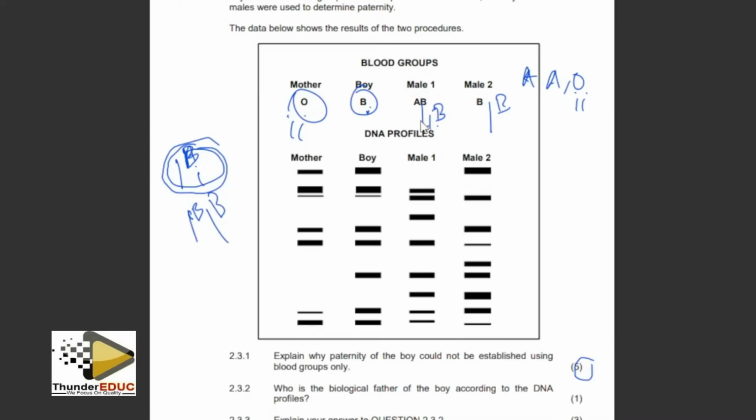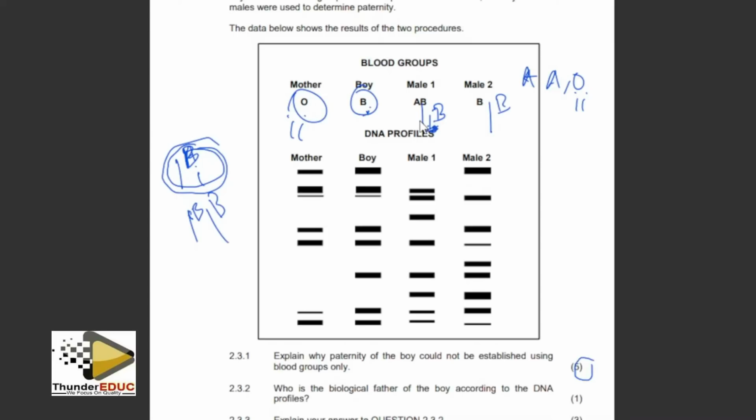Now, how do you write this? It means that only blood group A and blood group O are going to be wiped out. So blood group A and blood group O cannot be the father. So you get those 2 marks already. And then the male with blood group B can give the allele for B to the boy, so he can be the father.